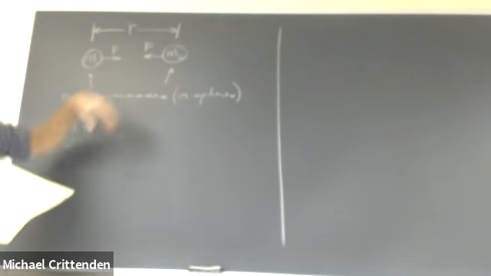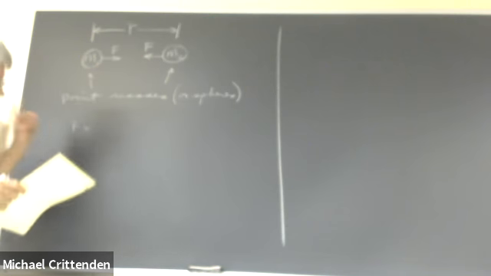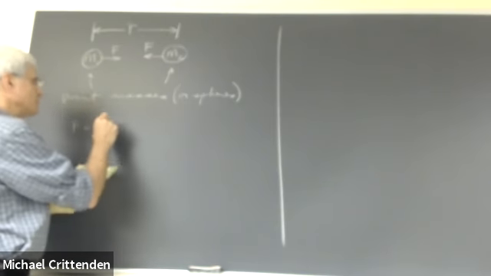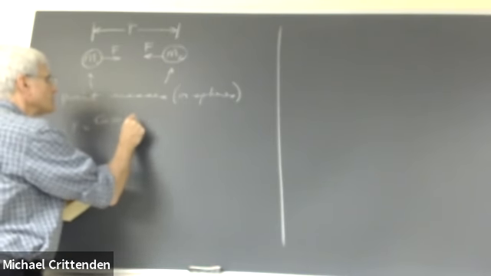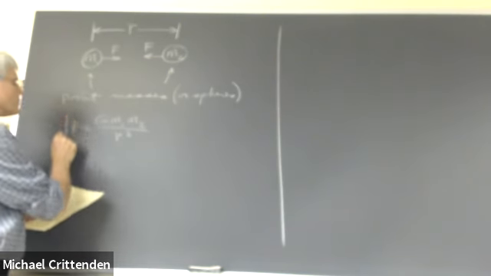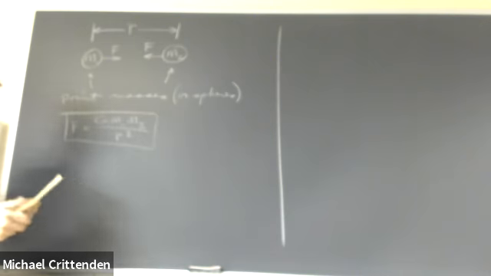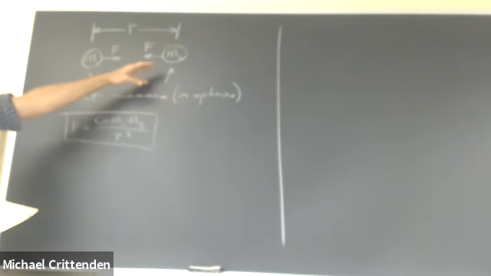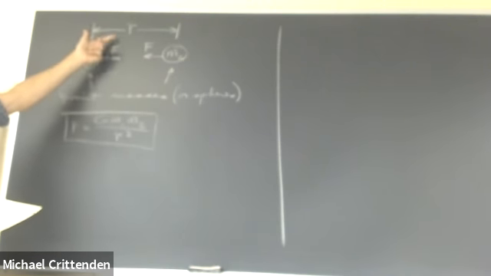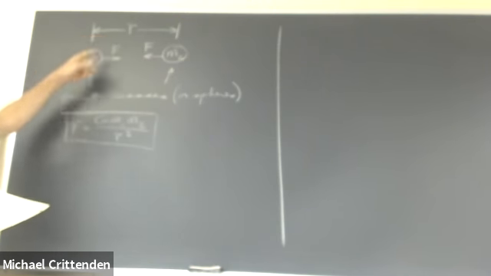Each force points directly toward the other mass. For the magnitude of the force, M1 and M2 are the two masses. R is the distance between their centers, as I've shown on the diagram.